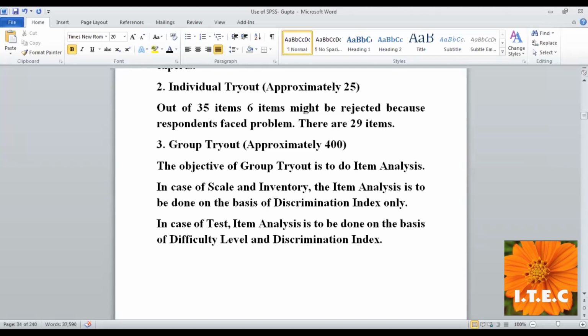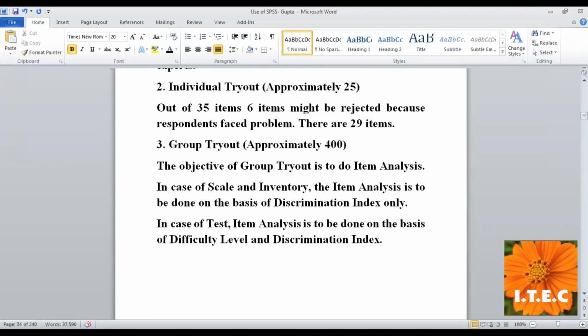So you have to decide in your own case which characteristics of the members of the population should be represented in the sample. As I said earlier, gender, maybe their residential background, maybe medium of instruction, etcetera.